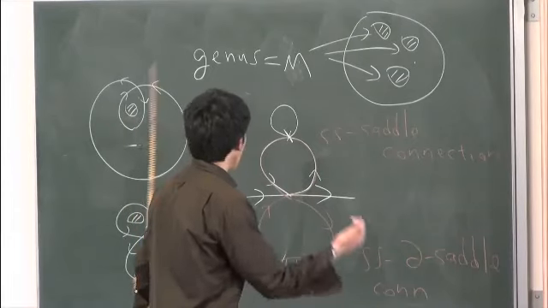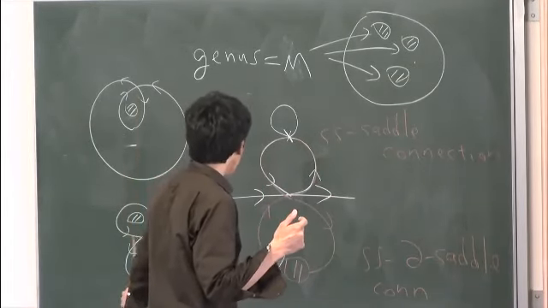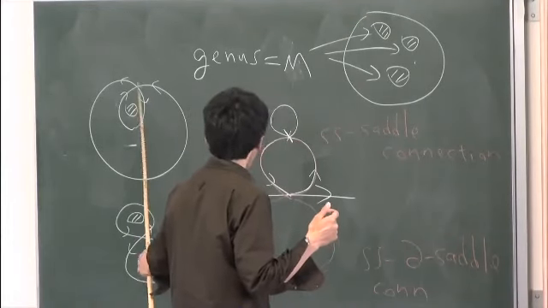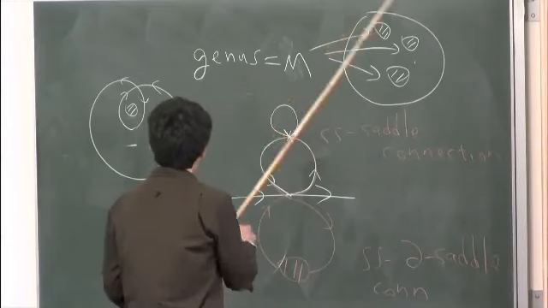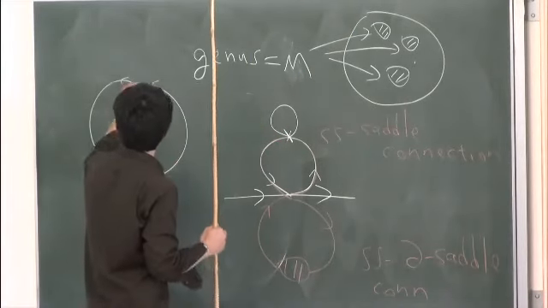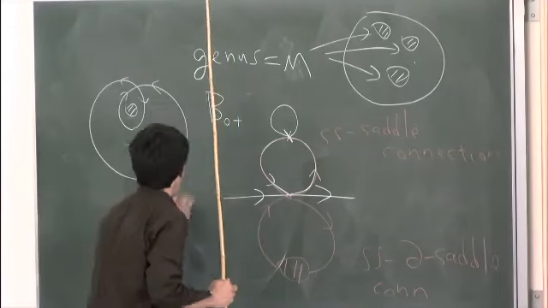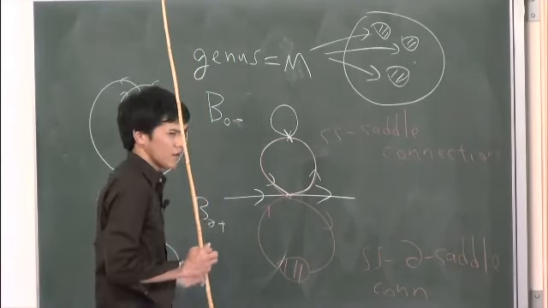So in this talk I don't distinguish, but if we distinguish, maybe we use some index. For example, we use B0 plus or B0 minus. Well, they have different genus, these two pictures.